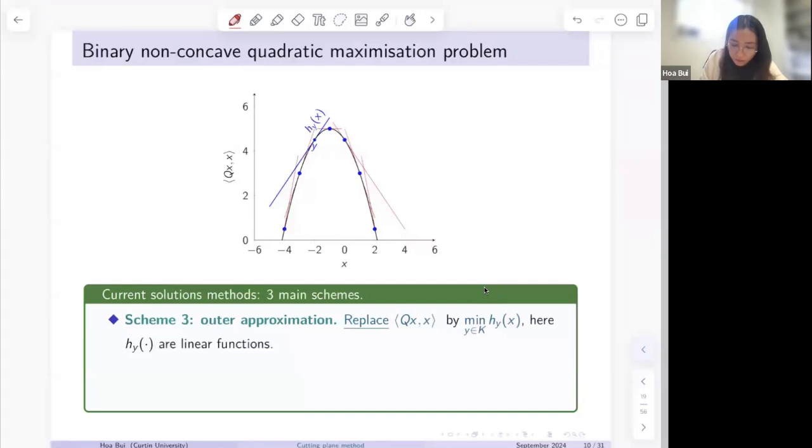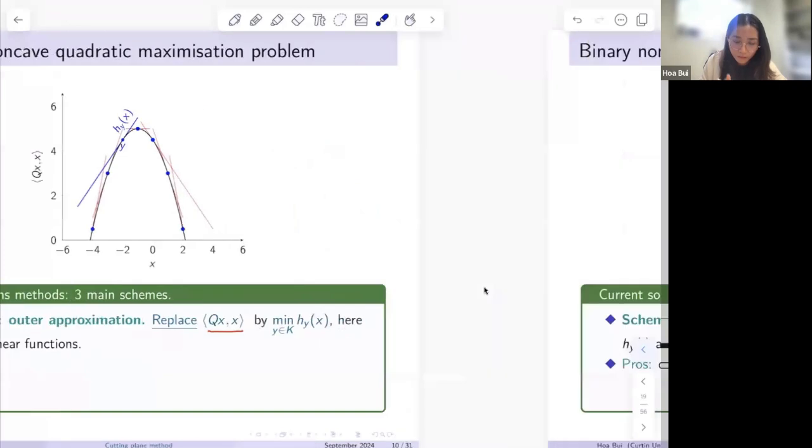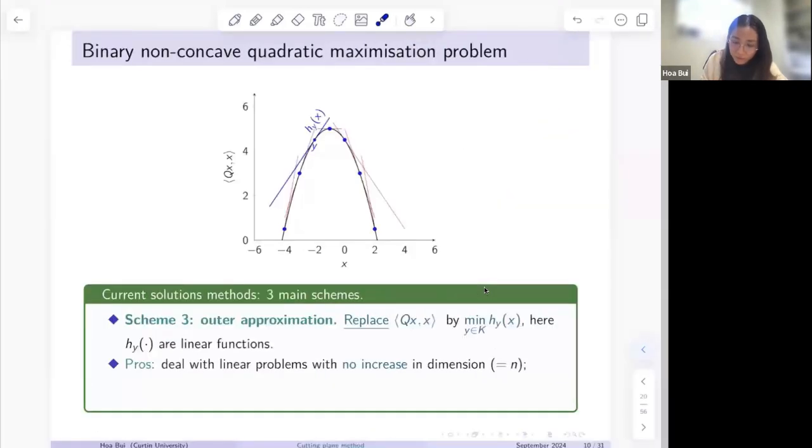For example, you replace the quadratic function here by a collection of its tangent planes. If the function is concave, you can see here that it can be approximated at any feasible point by its tangent plane, and tangent planes are linear functions. Meaning that we replace a quadratic function by a polyhedral function.